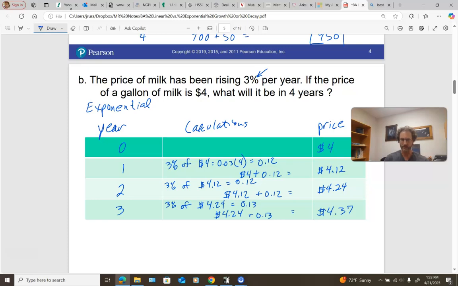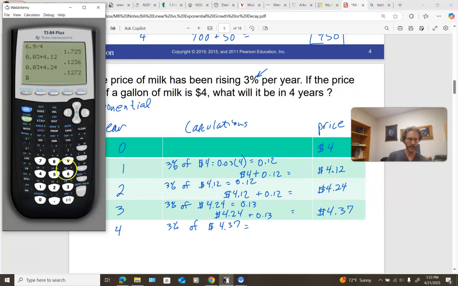$4.37. Okay. And then finally for year 4, the same thing, guys. 3% of the new price. Let's see what this gives us. I'm going to do second enter again, and I'm just going to change that 24 cents to 37 cents.